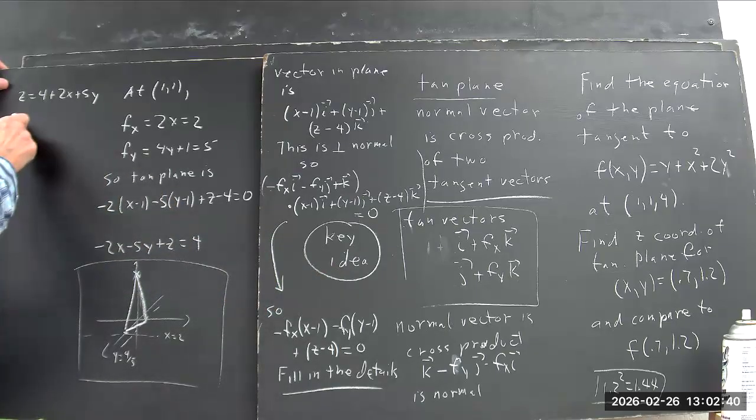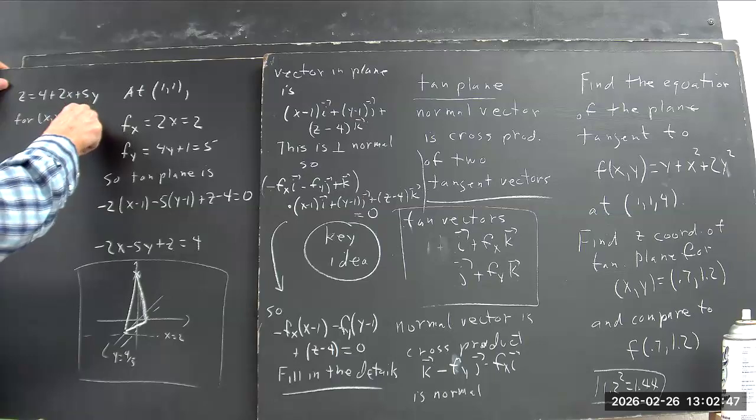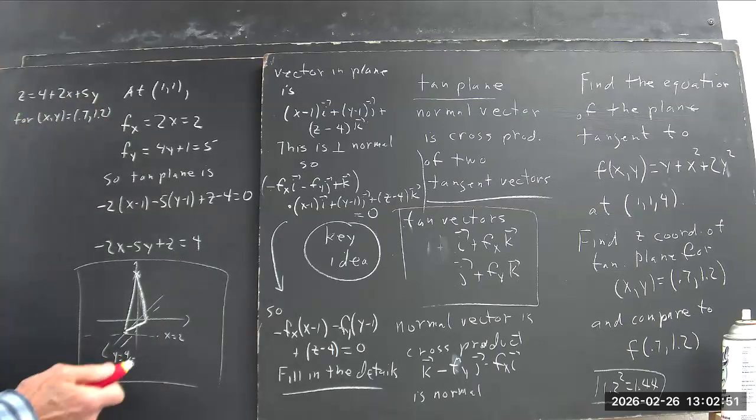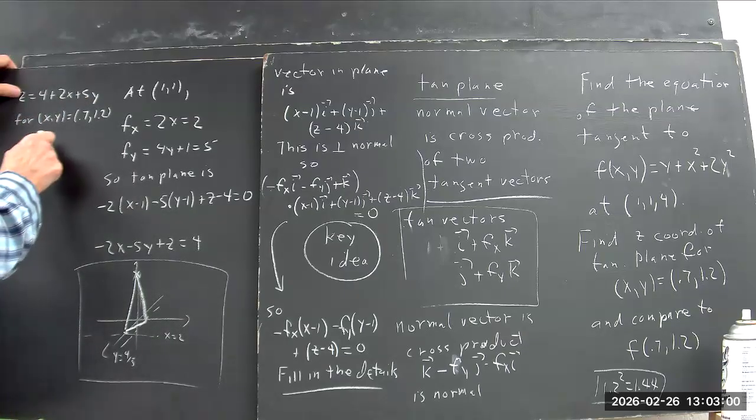At (x, y) equals (0.7, 1.2), the arithmetic is straightforward. 2x is going to be 1.4, 5y is going to be 6, that's going to be 10, and 1.4.